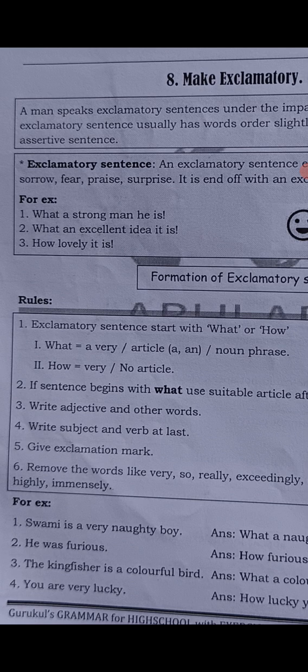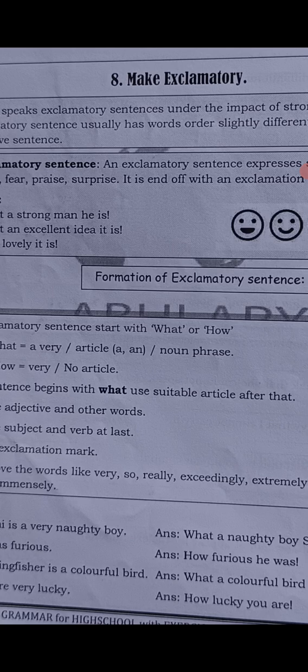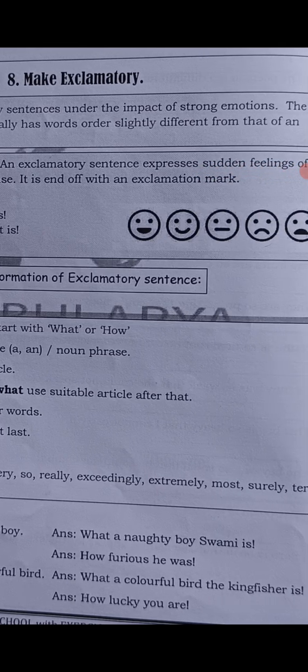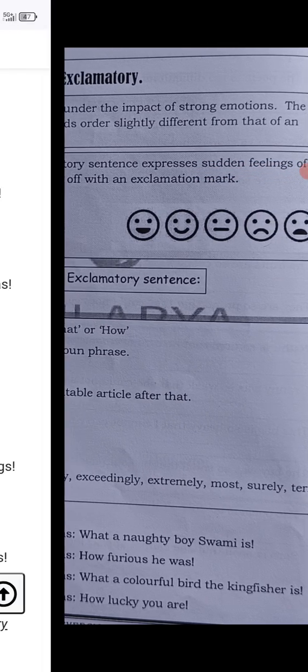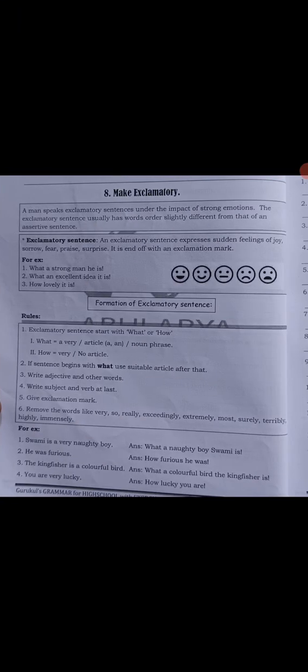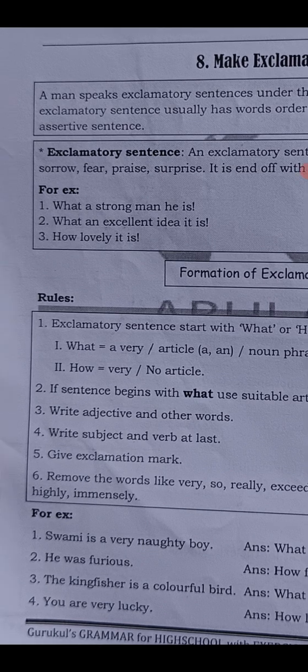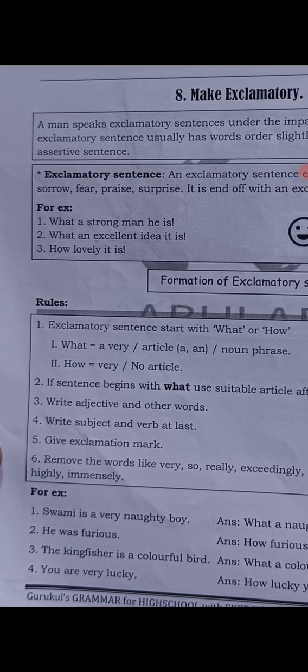And rule number 6, remove words like very, so, really, exceedingly, extremely, most, surely, terribly, highly, immensely. When we find such words in the given assertive sentence, while making that assertive into exclamatory, we should remove these words.